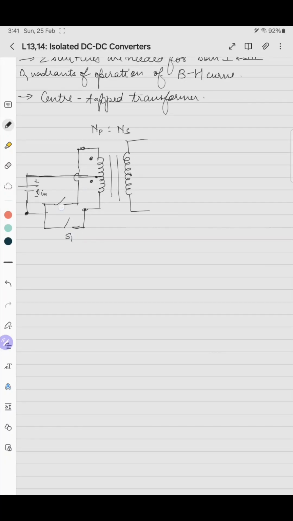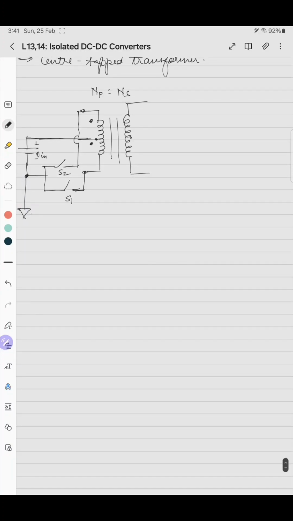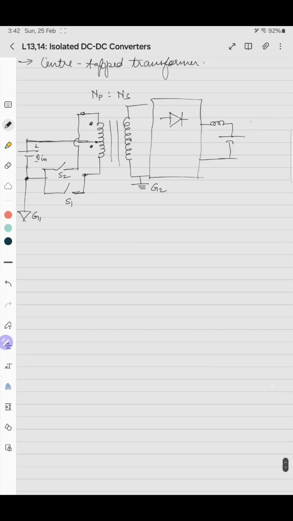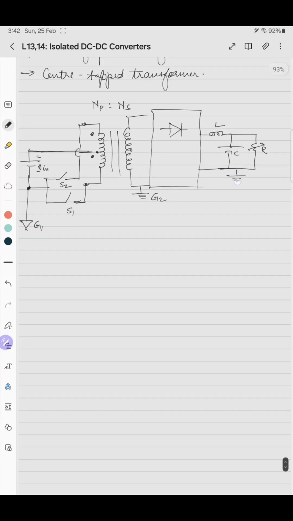This we'll call S1, this is S2. So this terminal is ground 1 and this is ground 2 because it is an isolated converter. The secondary can be any converter with a diode, and basically it is buck derived, so the output section will be LC. And this is R. This is again G2.